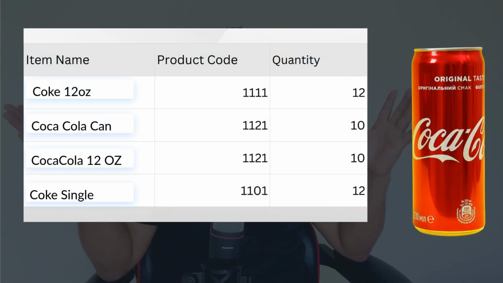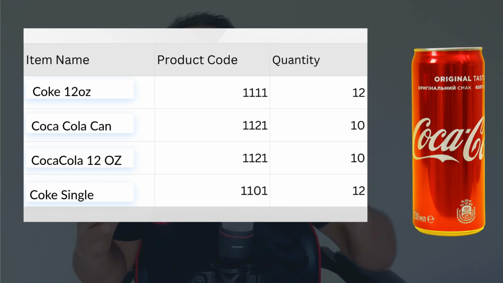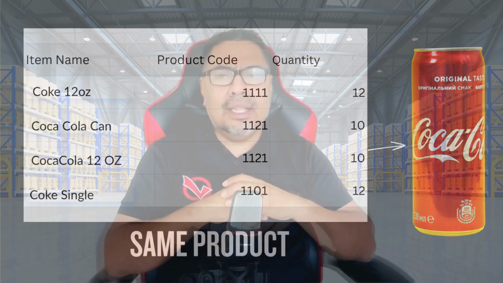Fast forward 10 years, and now you've got Coke 12 ounces, Coca-Cola can, Coca-Cola 12 ounces, Coke single. Spoiler alert: same product, different SKUs.